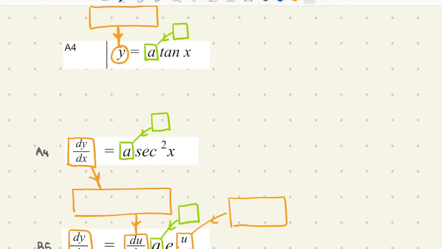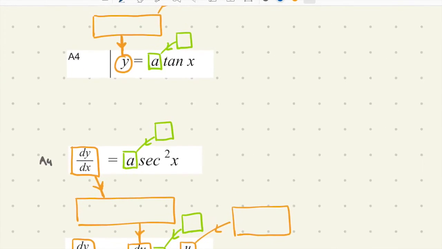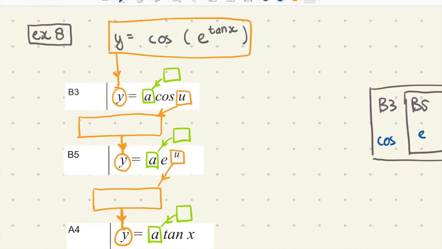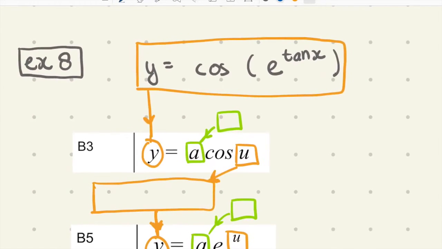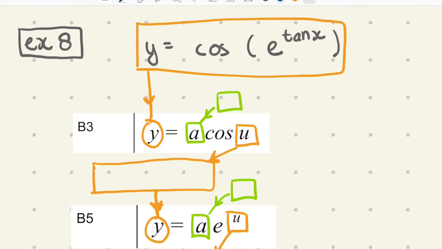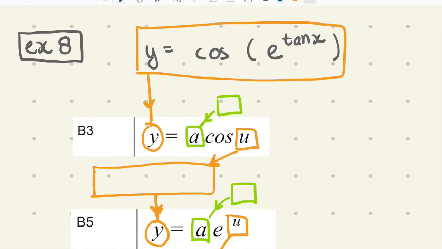Now we apply formula A4. But before that, we try to get the values of A and U for all of them. When we apply formula B3 here, cosine something, there's nothing in front of cosine. The coefficient of cosine is empty space, which means A is 1.